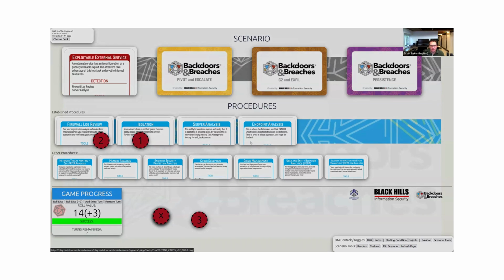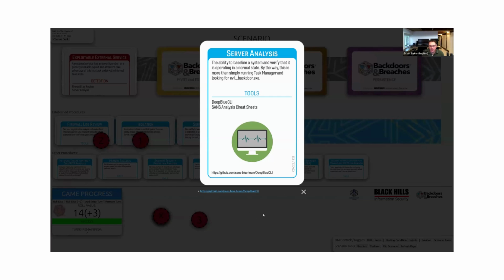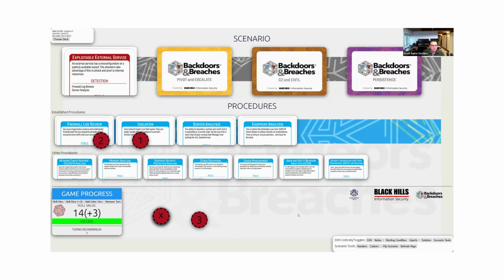So again, for the server analysis, you can follow the SANS cheat sheets, but basically go in there, look, and see what else you can find that might provide more insights. So if we roll for that one again, and it's still an established procedure, so it's a +3. And that one this time didn't work.